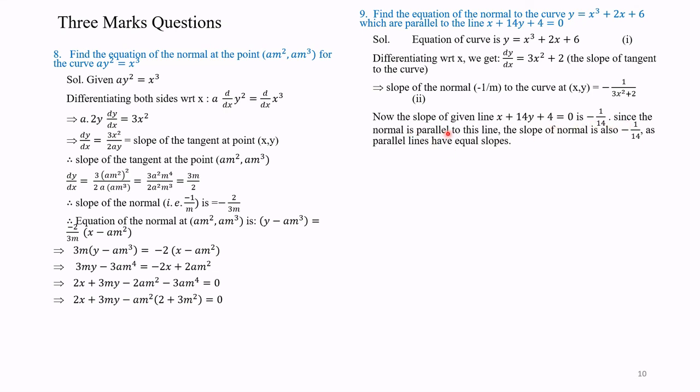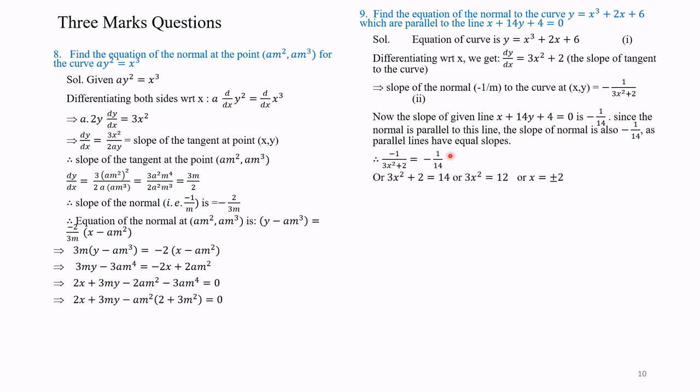Since the normal is parallel to this line, the slope of the normal is also minus 1 by 14, as parallel lines have equal slope. Therefore, minus 1 over 3x square plus 2 is equal to minus 1 by 14.